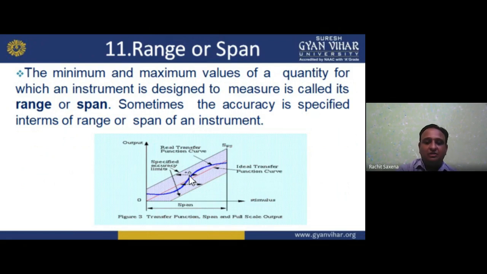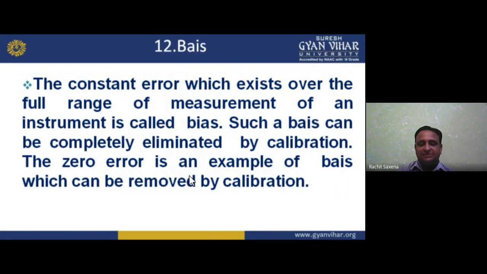Then we have bias. The constant error which exists over the full range of measurement of an instrument is called bias. Such a bias can be completely eliminated by calibration.